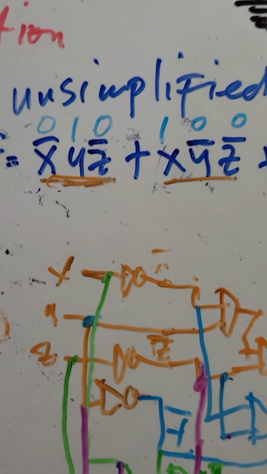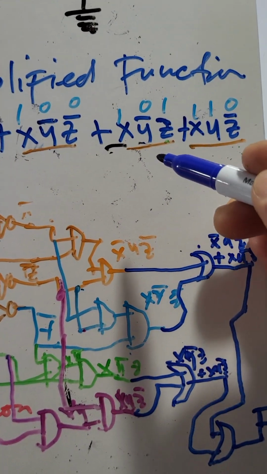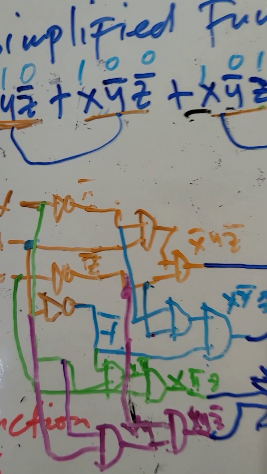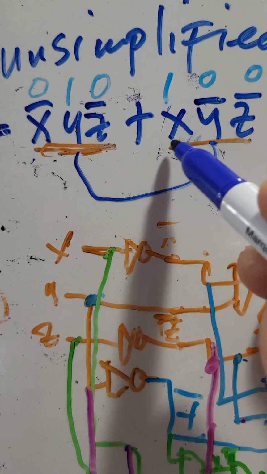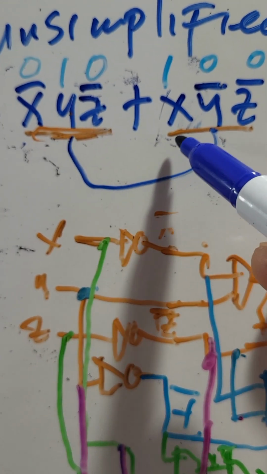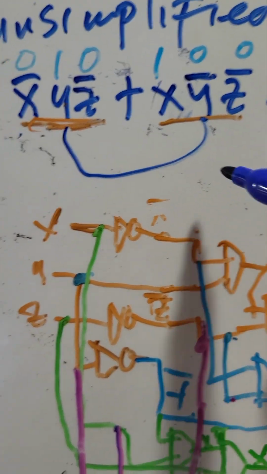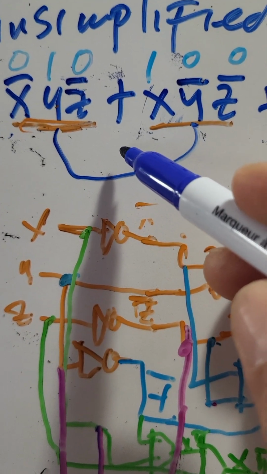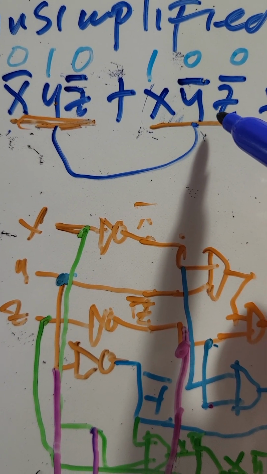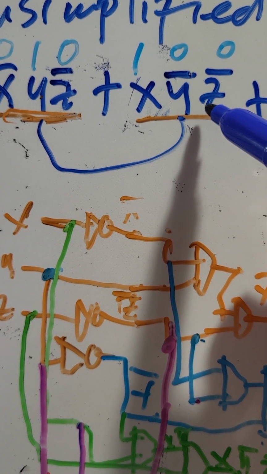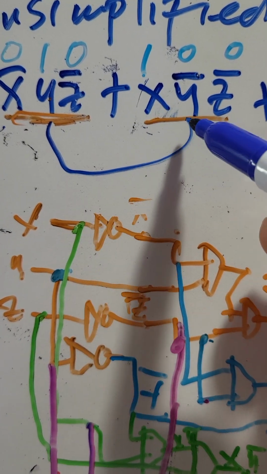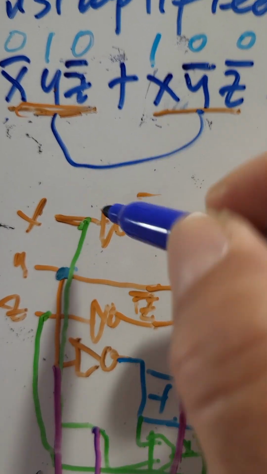So for example here, what is the common term? If you pair this one, what variable can we cancel here? So x bar y z bar, x y z bar. What is common? Their common is z bar.